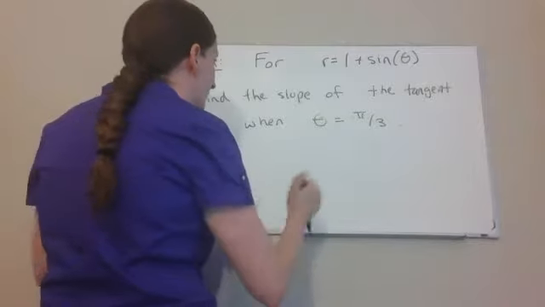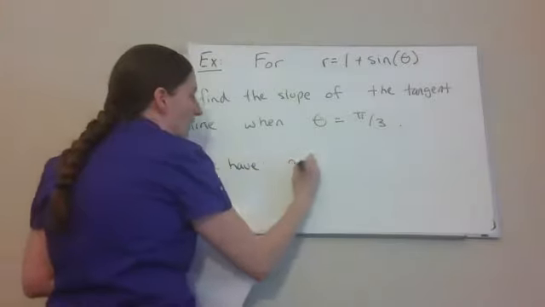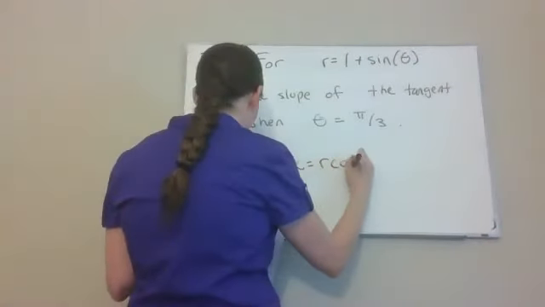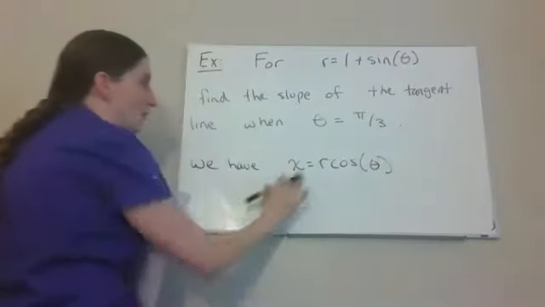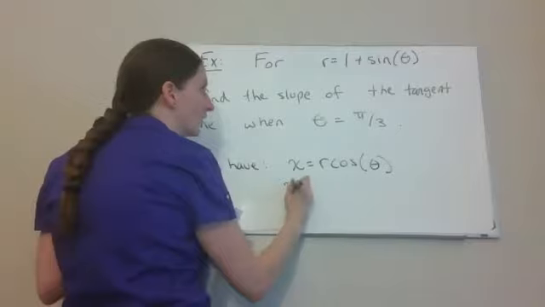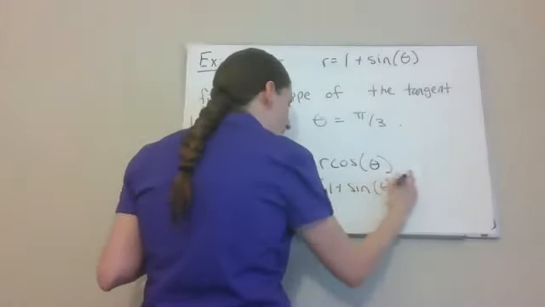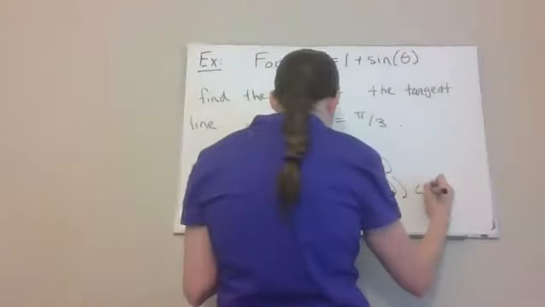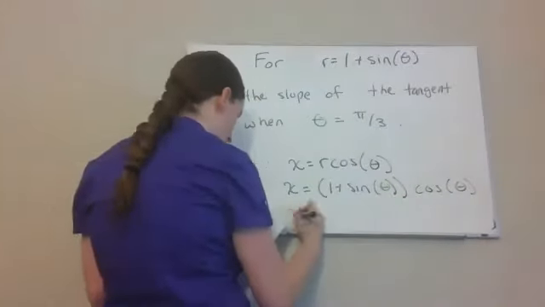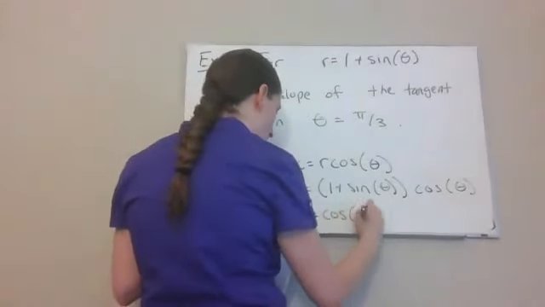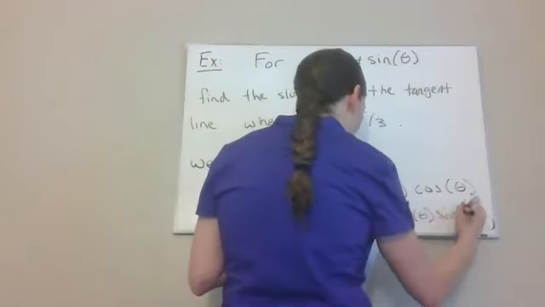So my x is equal to r cosine of theta. My r is 1 plus sine theta. So x is 1 plus sine theta times cosine of theta, which is equal to cosine of theta plus cosine of theta sine of theta.